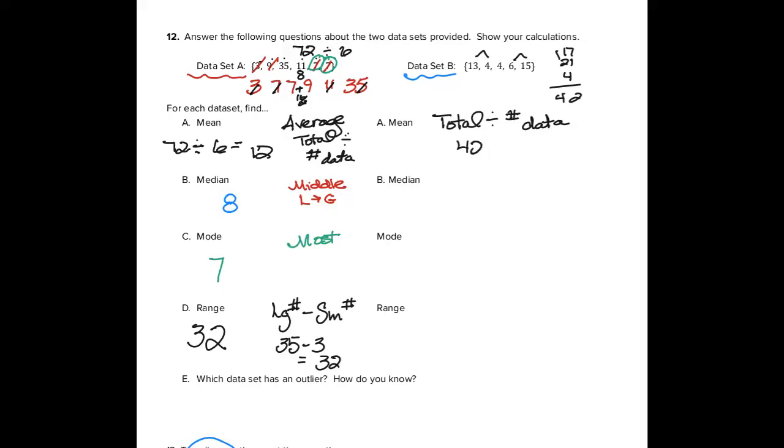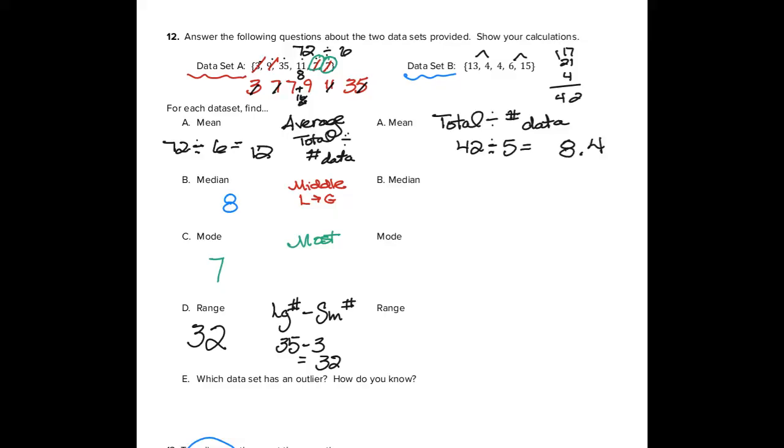So 42 divided by 5, and it doesn't have to be a whole number. 8.4. Nice job there. Yes, 8.4. It does not have to be a whole number most of the time. Unless we make it work as a whole number, it won't be a whole number.